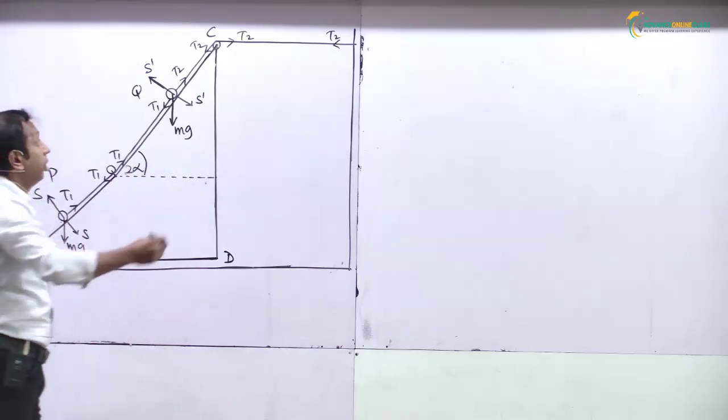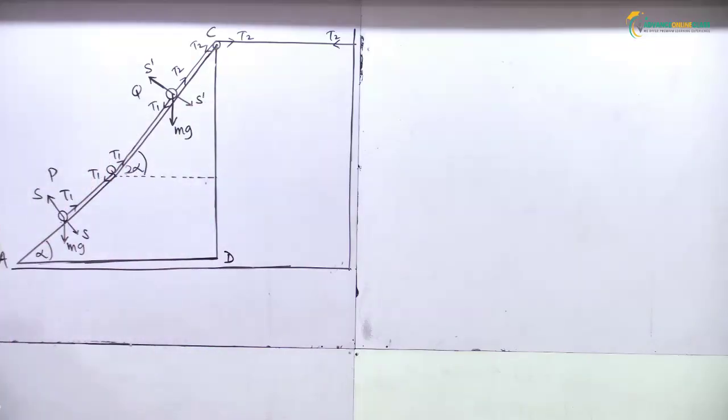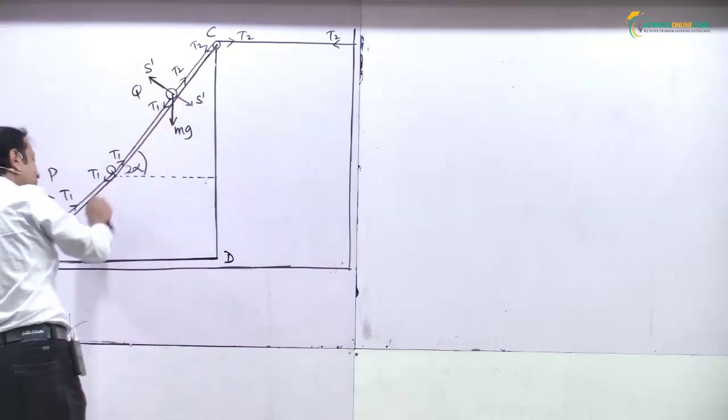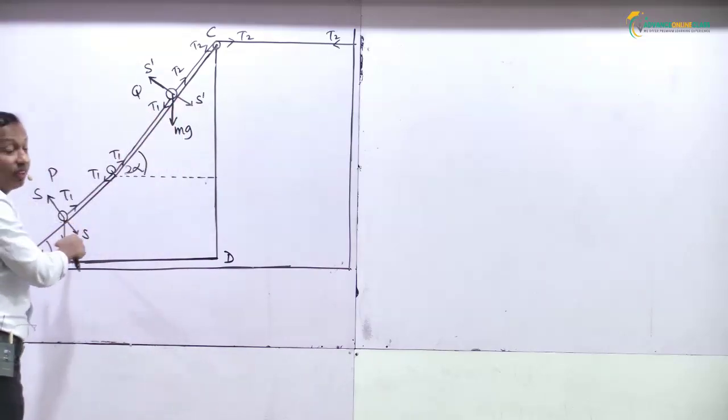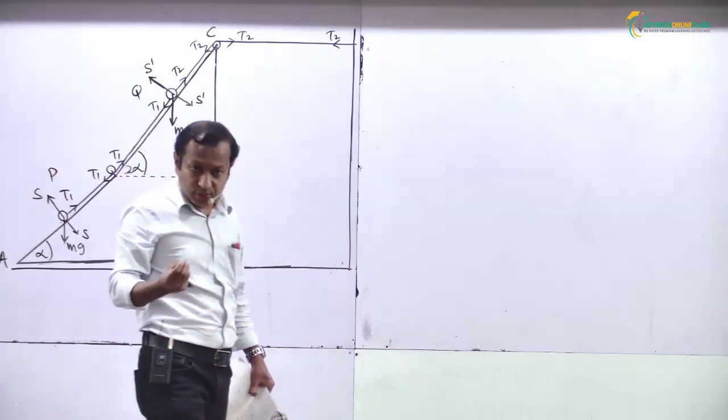Right? Now, suppose here there is a fly at C, looking at the motion of P and Q like this. Then it notices how this moves with certain acceleration and also this with the same acceleration. Why? This and this are joined by the same light inextensible string.